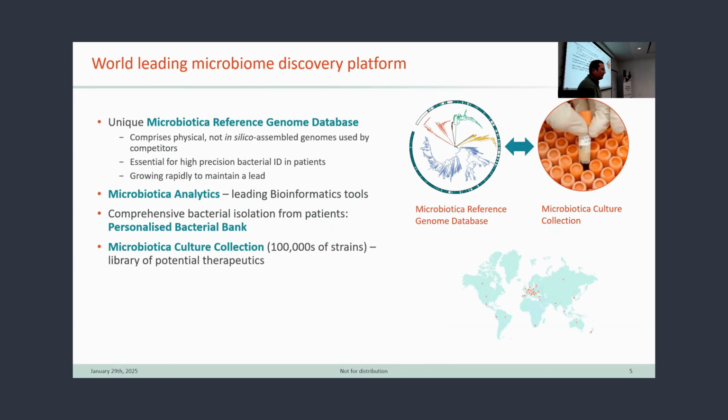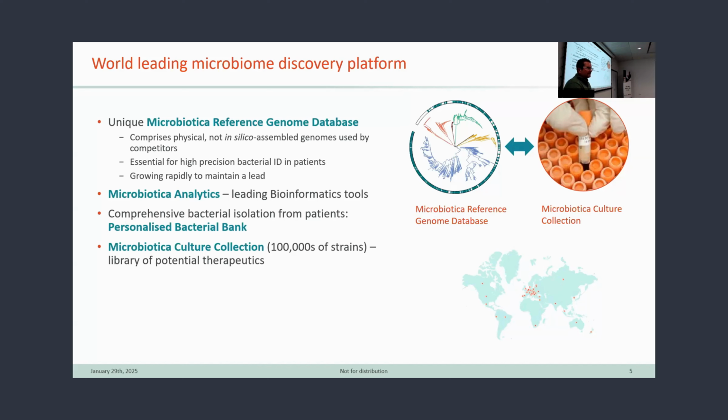We have our own reference genome database. It comprises physical, not in silico, assemblies like other companies. It is essential for high-precision identification of bacterial species. And we keep on expanding this database to remain on top of it.